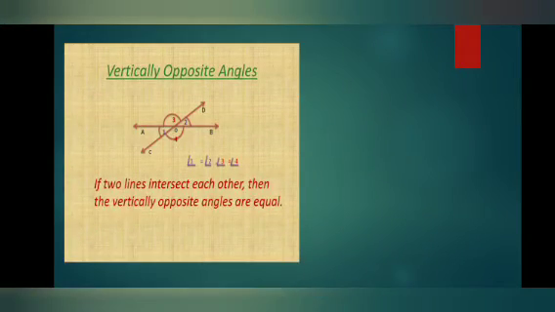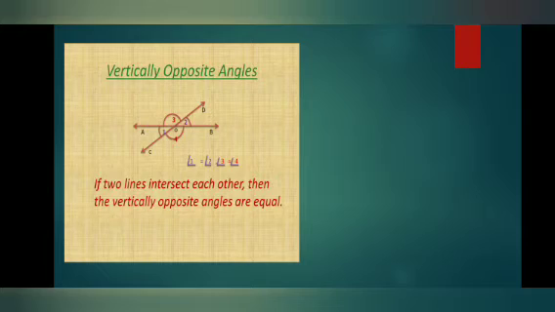Next, vertically opposite angles. All of us know what opposite is. If two lines intersect each other, the vertically opposite angles are equal. Here AB and CD are intersecting at the same point O. So you have four angles formed.